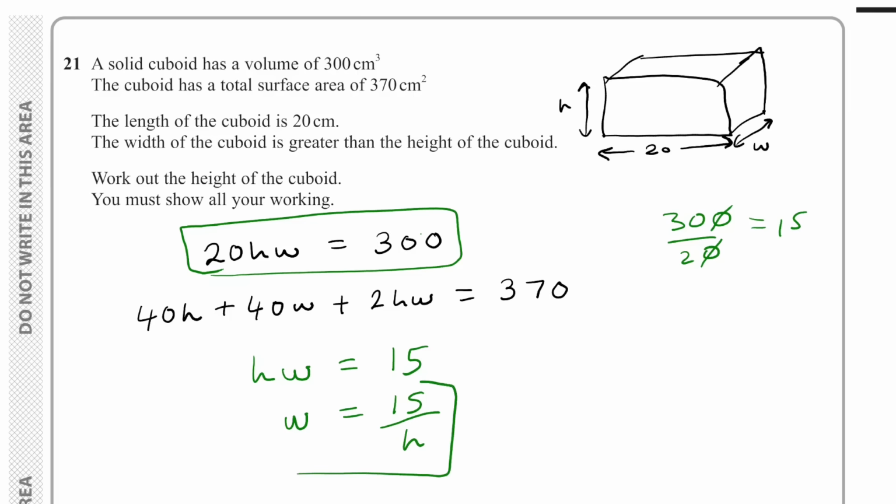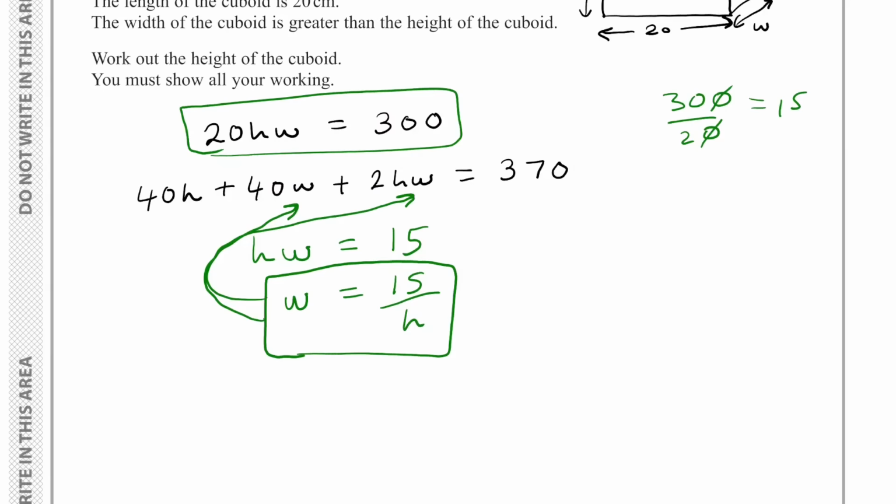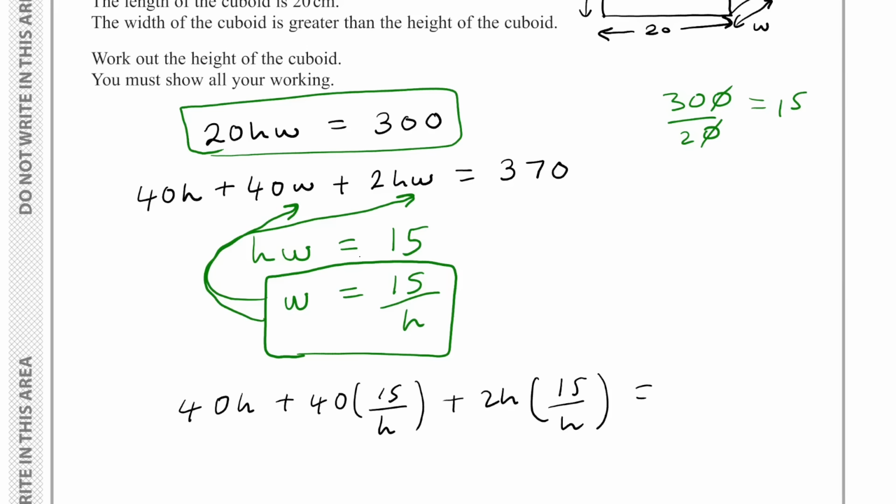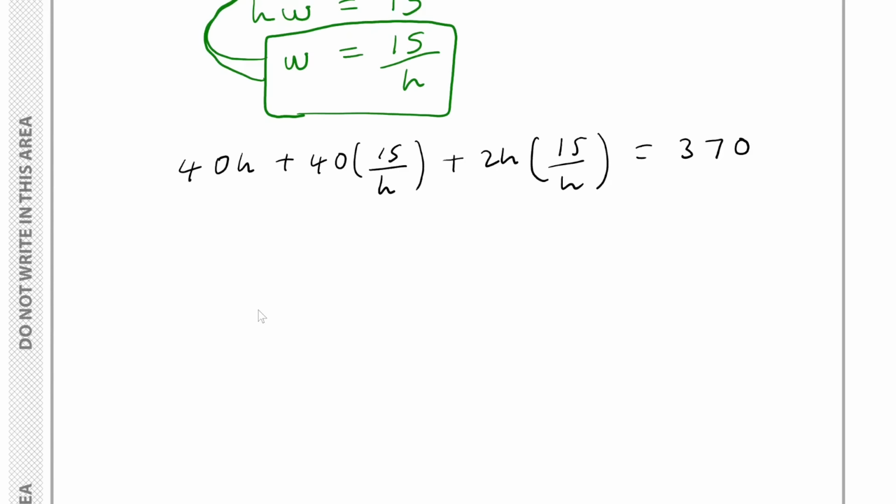So I can now substitute 15 over H into this second formula. So 40H plus 40 times 15 over H plus 2H times 15 over H is 370. Simplify this.